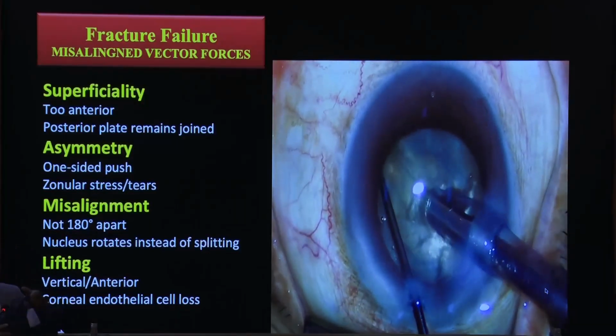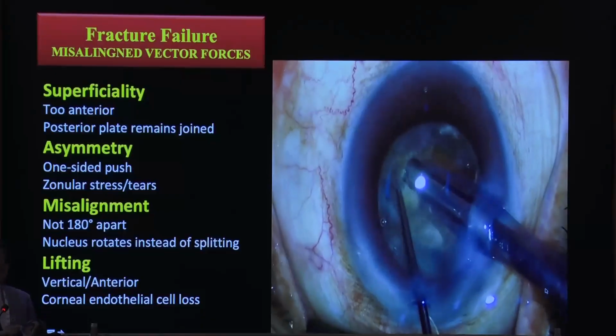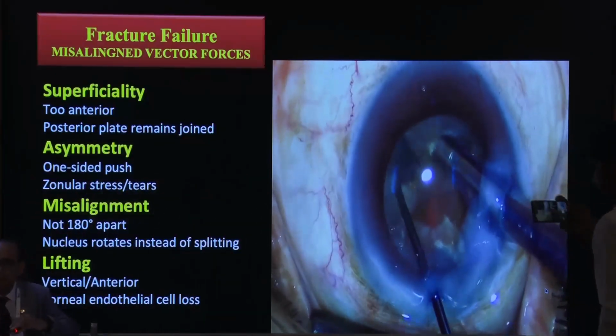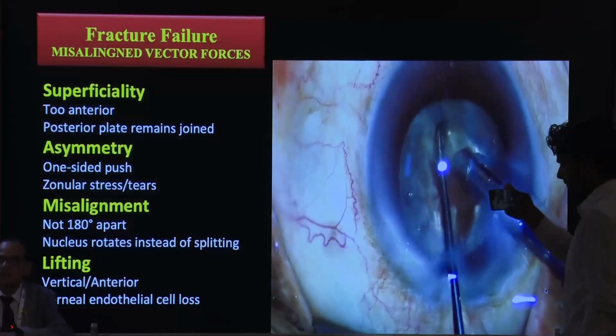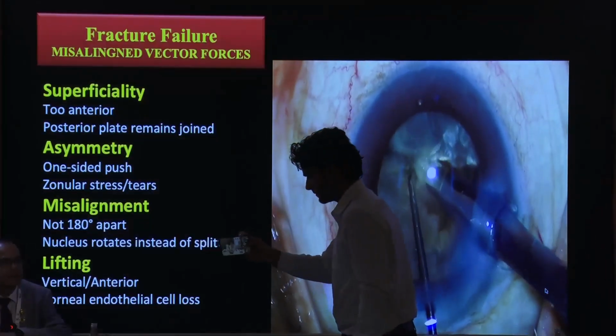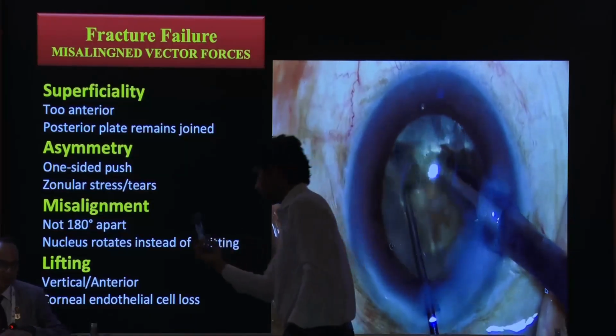I can see here in this video, I'm trying to fracture but I'm not getting the full fracture. You see the nucleus, I'm trying to separate it, but it is still intact. There is no fracture on the nucleus, just a peripheral fracture which is happening.